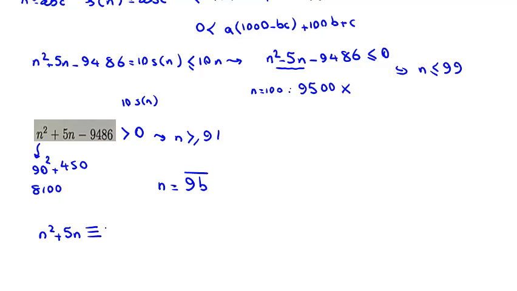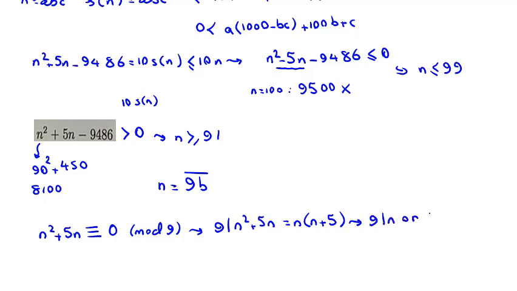This one will be 0, and on the right side, 10 s of n will be 0 because 9 times b is 0 mod 9. So we can say 9 divides n squared plus 5n. So 9 divides n times (n plus 5). So 9 divides n, or 9 divides n plus 5.